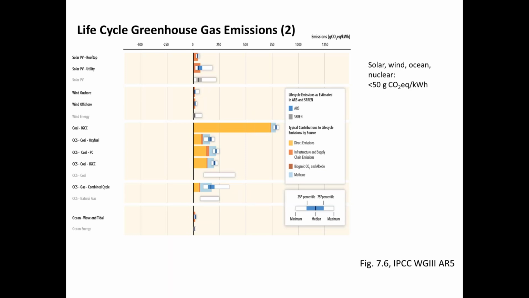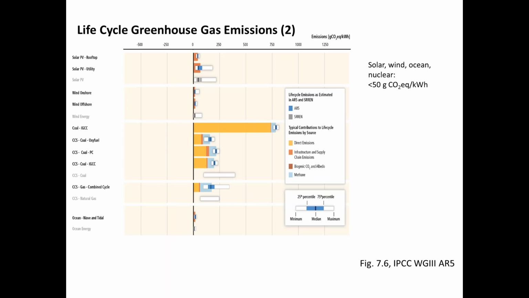And of course, we see that CO2 capture and storage facilities still have some CO2 because they don't capture everything, and there's CO2 connected to the supply chain and methane emissions connected to the supply chain. Whereas PV, wind and ocean technologies have lower greenhouse gas emissions in their life cycle. So this is an example of the findings that life cycle assessment can deliver.